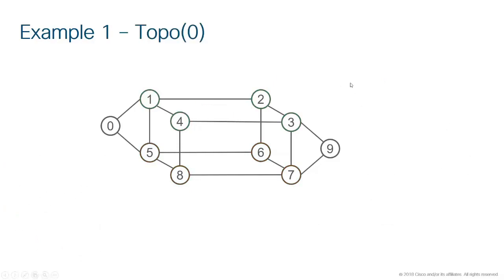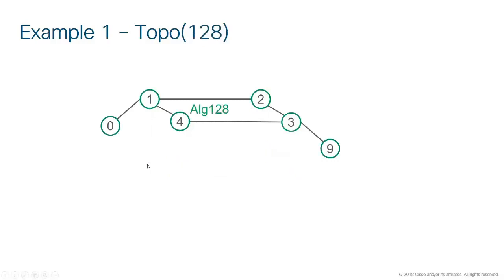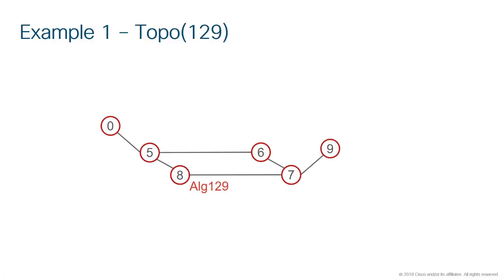What will be the topology of algorithm 0? This one, all the nodes. What is the topology of 128? It's all the nodes enabled for algorithm 128. The topology 129 is all the red nodes.